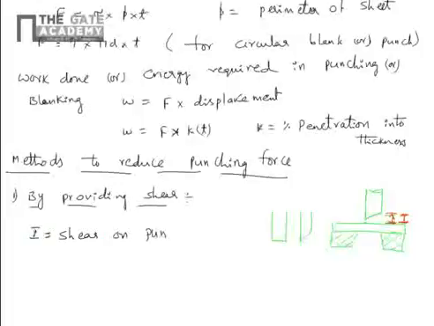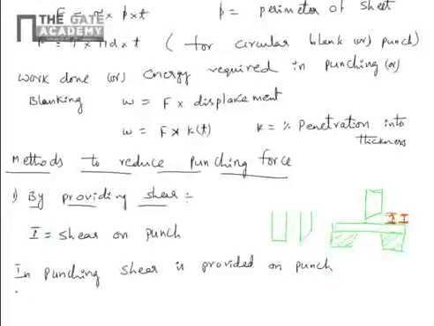So in punching, shear is provided on the punch. In blanking, shear is provided on the die.